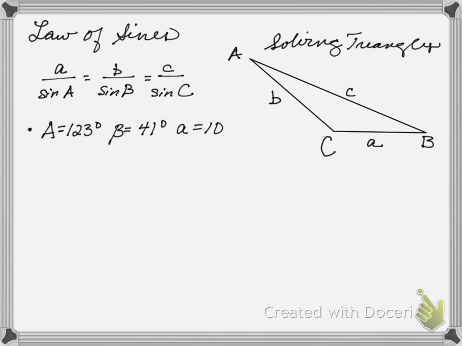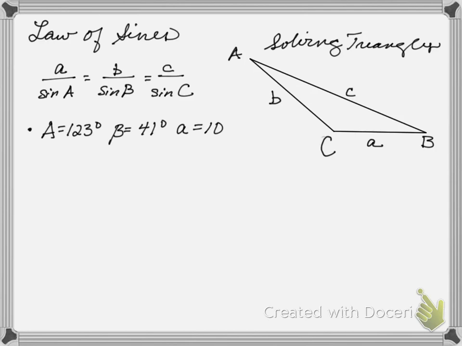Okay, so here's a case where I have been given some information about a triangle: angle A, angle B, and side A. And that's the first thing to know, that in order to be able to solve, to do this solving of a triangle, we need to be given at least 3 pieces of information. And we can almost be given any combination of 3 pieces.